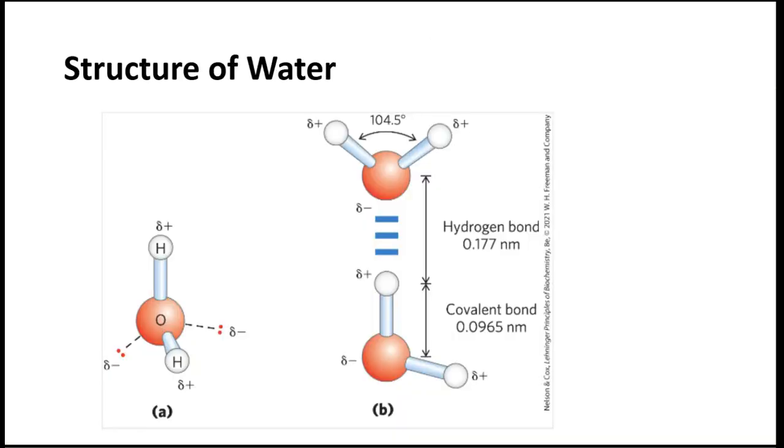And so the structure of water is depicted here, where you have the ball and stick model. You see oxygen right here, you see hydrogen right here that is partially positive, and then you have the stick that is representing a covalent bond, and then you have lone pairs of electrons that are partially negative.